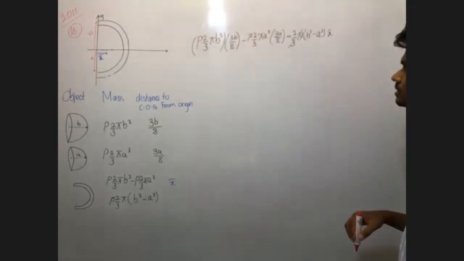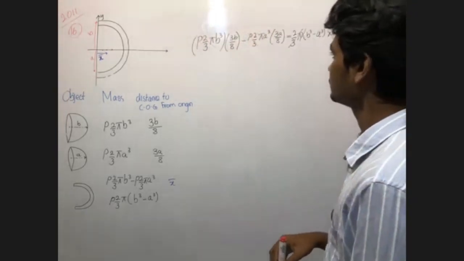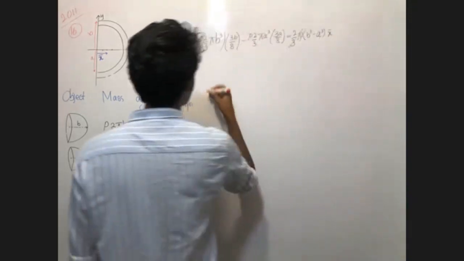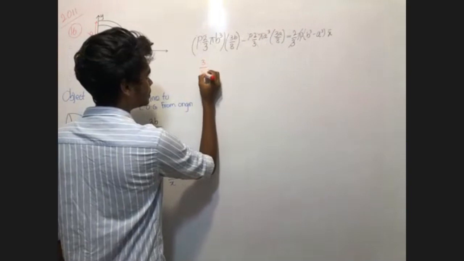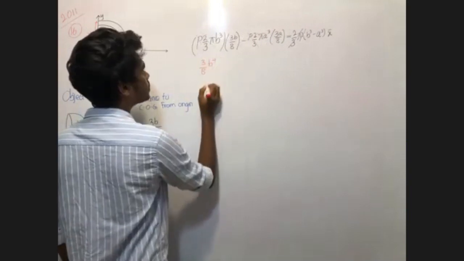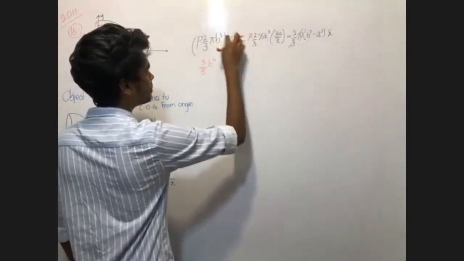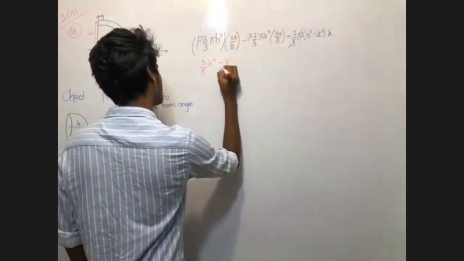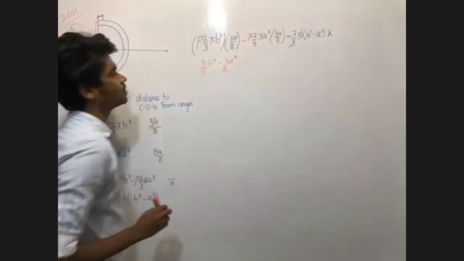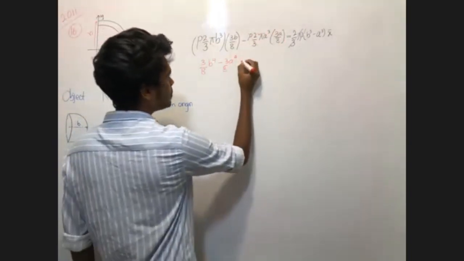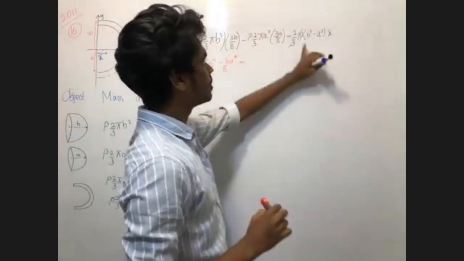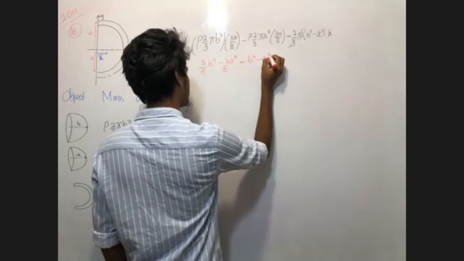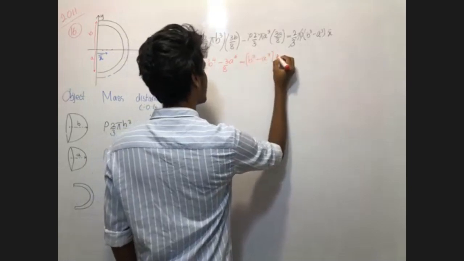Right? So okay, let's see what's remaining. B cube into B is B to the power 4. It's just simplification. 3 over 8 B to the power 4 minus 3 over 8 A to the power 4 is equal to B cube minus A cube, x bar.